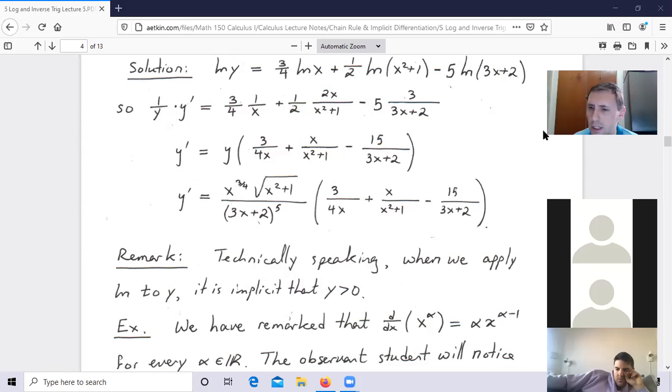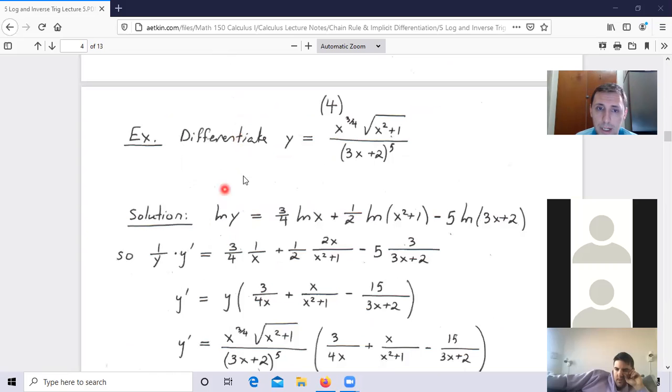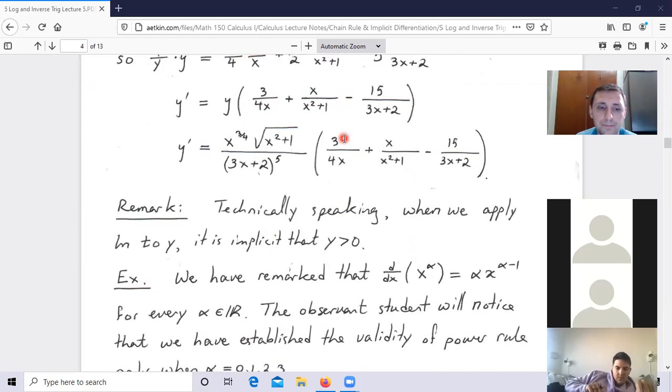So the expression that I apply it to, I have to sense that this derivative works only for positive y. In this case, for example, I cannot take the fourth root if x is negative. So I cannot plug negative numbers. And if I plug positive numbers, clearly that will work. Good?